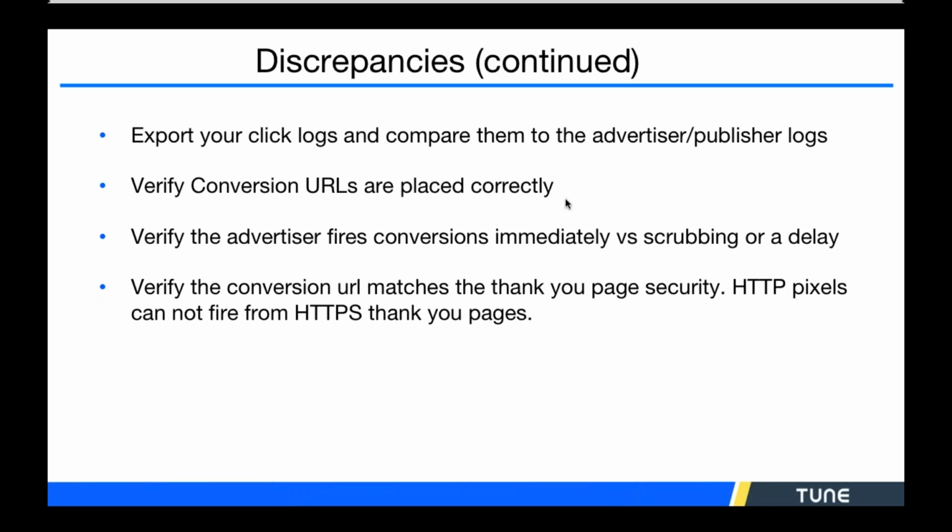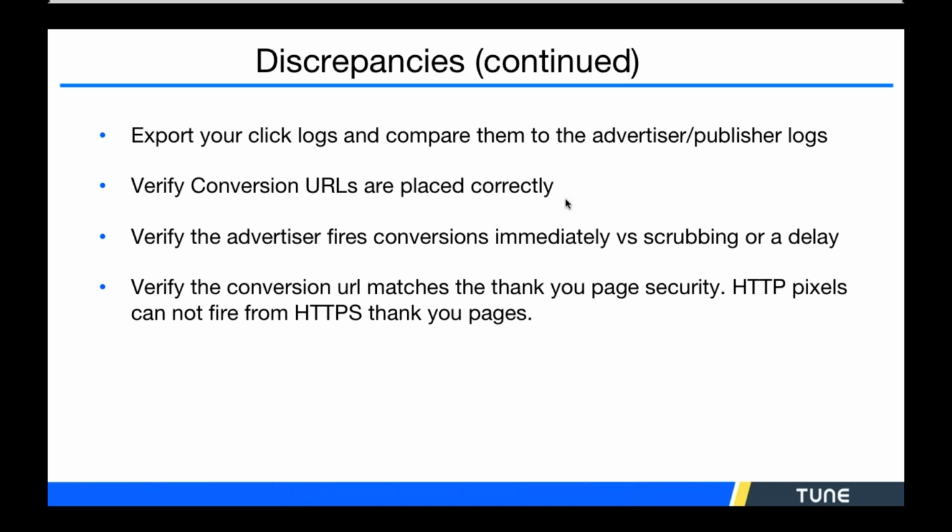We also, when it comes to conversion discrepancies, want to make sure that the conversion URLs are placed correctly. And what that means is that if you're using a pixel-based tracking method, your advertiser is placing that pixel within the body tags of the thank you page, or placing it piggybacked onto their conversion pixel so that it fires when they receive conversions.